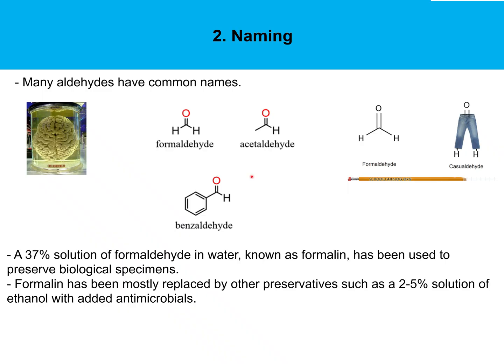Note that formaldehyde has been used in preserving biological specimens. So a 30% solution of formaldehyde in water is known as formalin, which is an excellent biological preservative. It has been replaced in many cases by other preservatives, such as a 5% solution of ethanol with added antimicrobials.